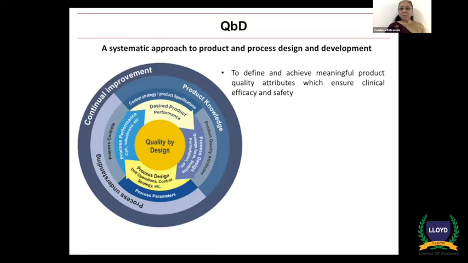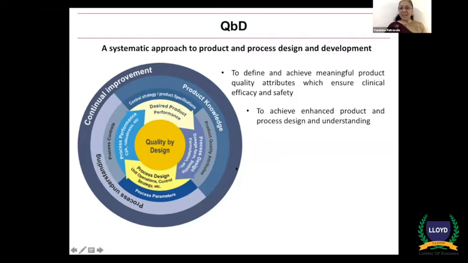What are the main purposes? Definitely, we are looking at a meaningful product quality attribute, because in the long run, what we want to do is ensure clinical efficacy and safety. That is the objective of each and every worker, each and every pharmacist for that matter, to deliver products which are safe, which are efficacious, and which are not compromised in quality in any way.